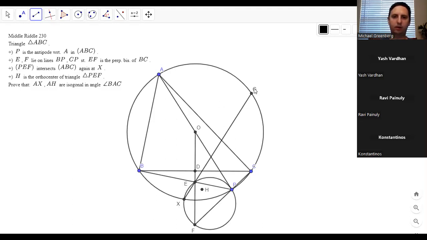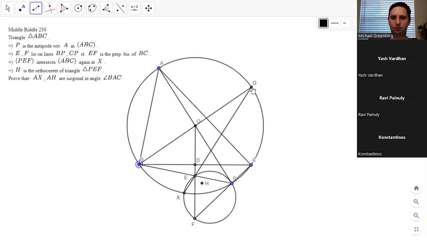Is it easy to show that this is the antipode by an angle chase? Yeah, basically PXE is like PFE and that is like angle C. So the chords PG and AB are equal. Then they are basically rectangles because P and E are antipodes. All right. Very, very cool.